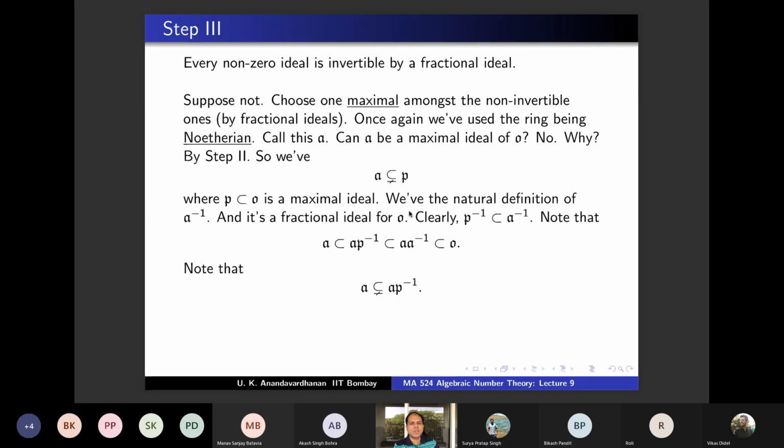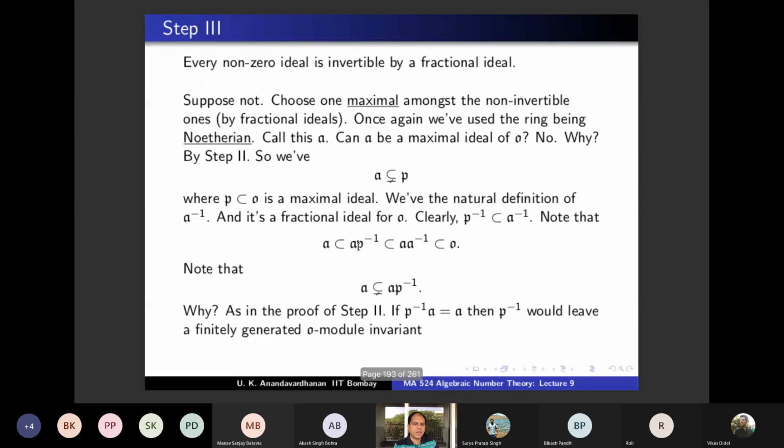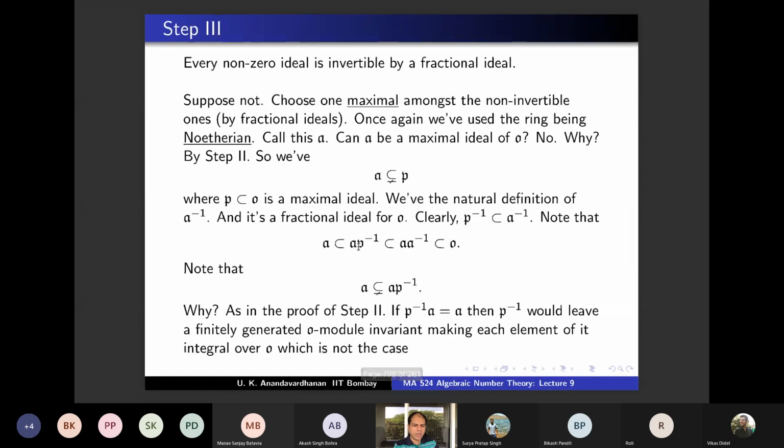So the claim is that this is a strict containment, exactly the same argument as in the proof of step 2. If P inverse A is A, then P inverse would leave a finitely generated O module invariant, making each element of it integral over O, and that cannot be the case because O is integrally closed and P inverse strictly contains O, which we also proved last time in step 2. This is true for any maximal ideal. Was it too fast? Is it okay? This is an argument that we have done earlier, so I was a bit fast. Okay, so this is strict.